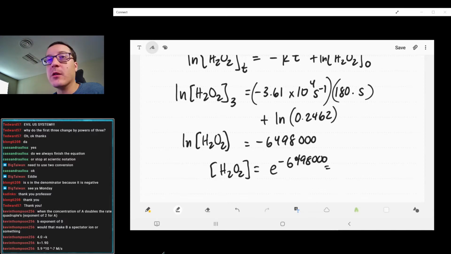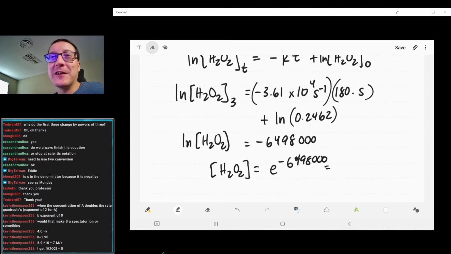I get 0. Apparently it's a very small number. As you can see, we're putting e to some really gigantic exponent. So it's approximately 0, I guess. Something really small.